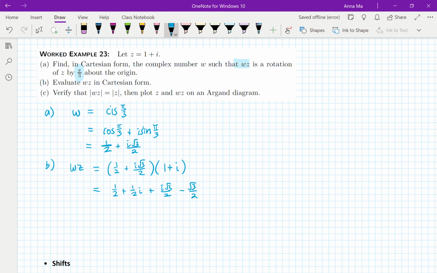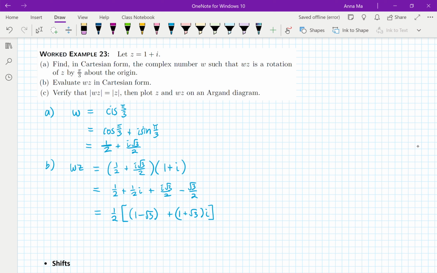And then I might just collect the real parts and the imaginary parts together because it always looks nicer that way. And because everything's over 2, I might factor out the half as well. So it would become half of 1 minus root 3, that's the real part. And we've got 1 plus root 3, times i, for the imaginary part. Yep, I think that's simple enough.